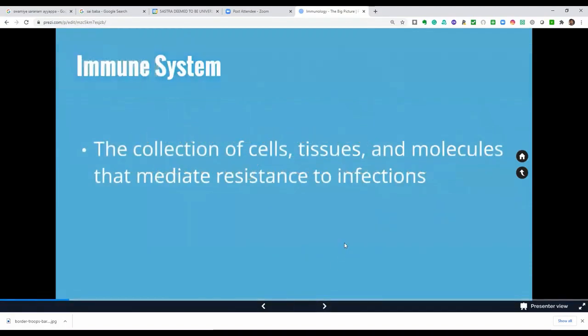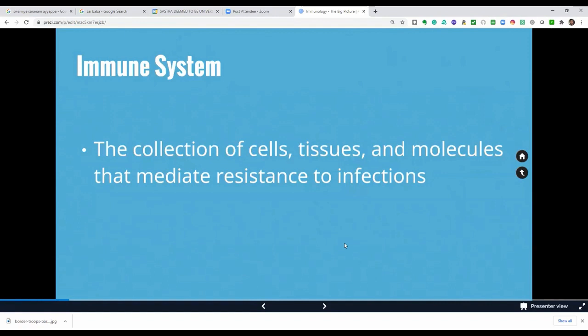So what is meant by immune system? The immune system is part of our body. We can define the immune system as a collection of various cells, various tissues, and various molecules that mediate resistance to infection. Whenever a pathogen, some infection-causing bacteria or virus or fungi or parasite, enters the body, our body already has some components like different types of cells, different types of tissues, various molecules.